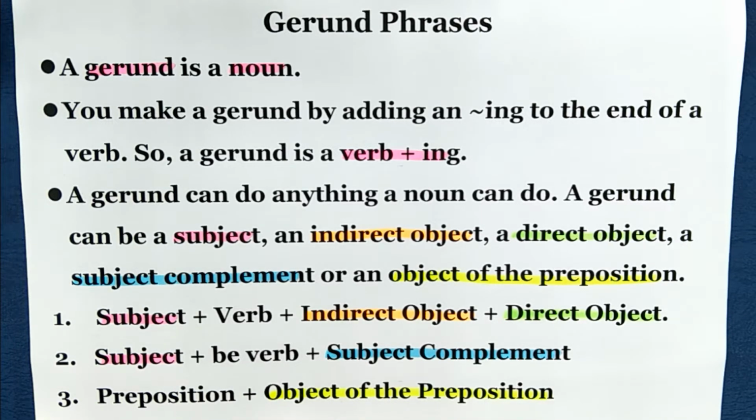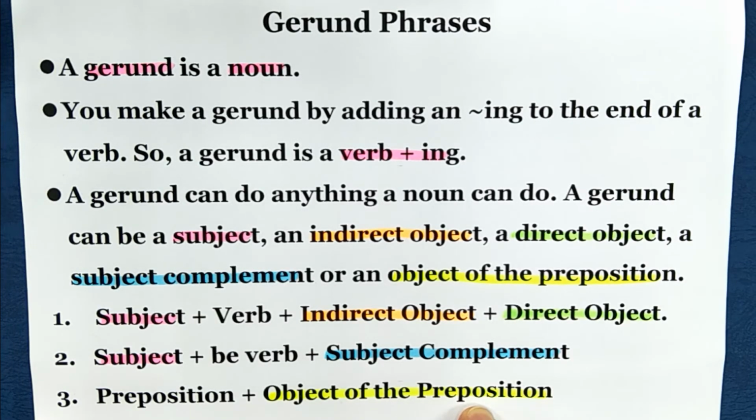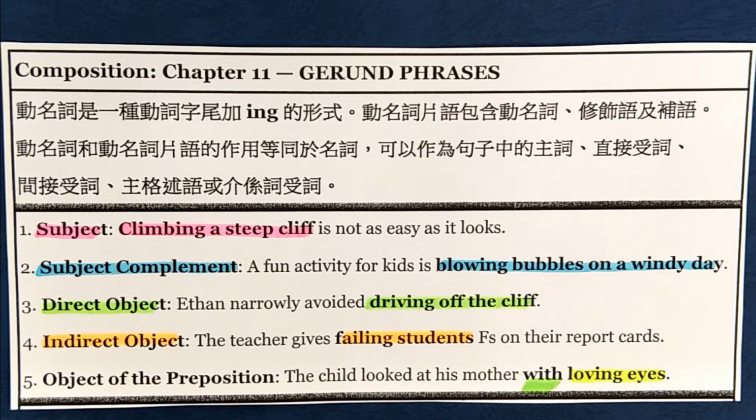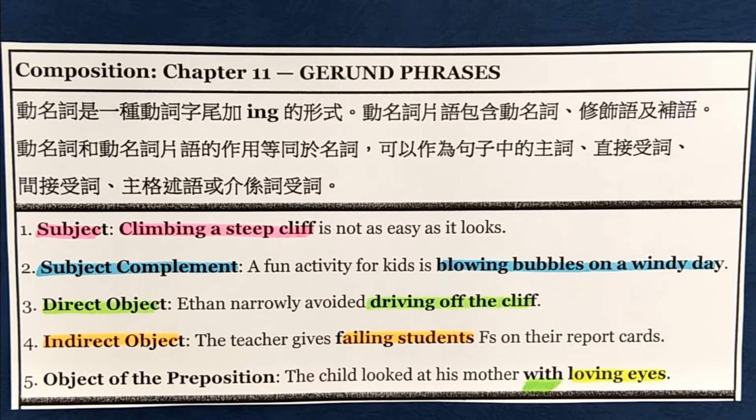So we could use a gerund as the object of the preposition. So remember, a gerund phrase is a noun, and you make a gerund by adding an ing to the verb. It's very easy.